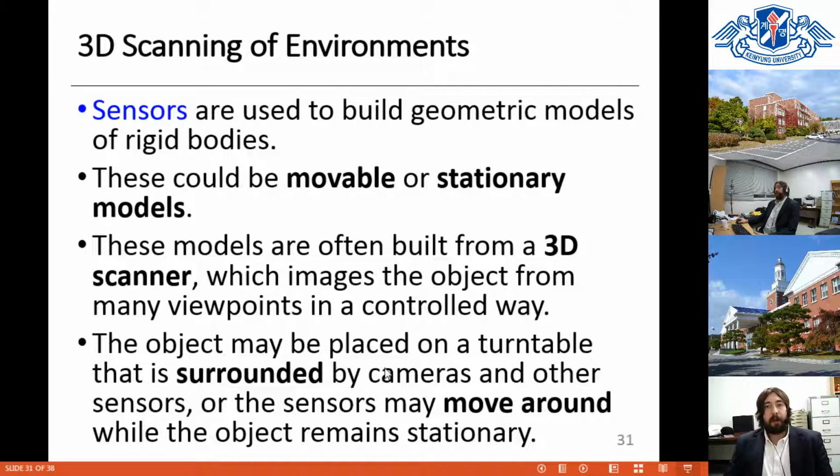These models are often built from a 3D scanner with images of the object from many viewpoints in a controlled way. I think you already experienced using a 3D scanner, and you know how it works. The object may be placed on a turntable which is surrounded by cameras or other sensors, or the sensors may move around while the objects remain stationary.